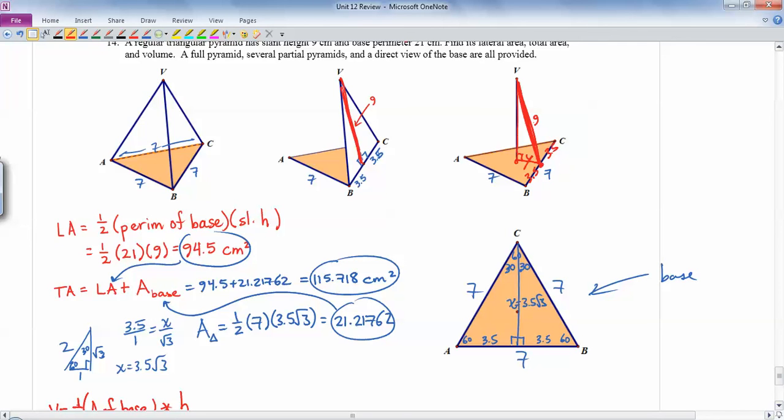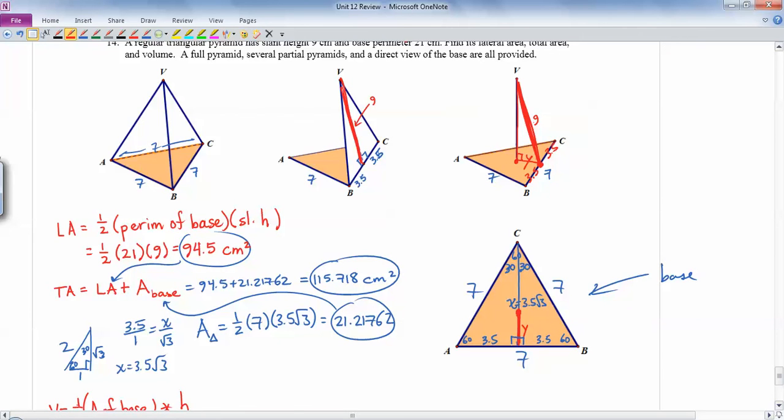And y goes from the center of the triangle to the center of the 7, which would be this length right here. It's actually BC, but it works the same way there if we wanted to do it that way. So I'm going to call that equal to y. That's the same thing as this one here.